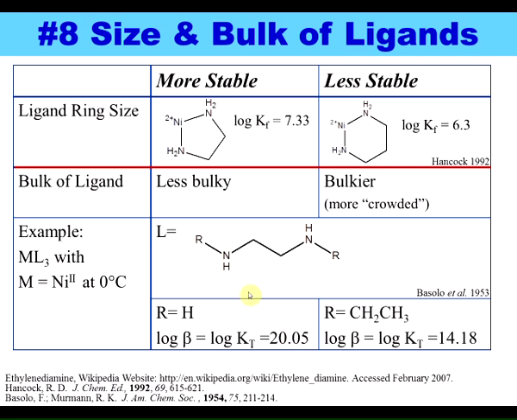Now if that R group is bulky, like if we change that to an ethyl group, CH2CH3, notice how the log value drops from 20 to 14.18 just by changing this R group from a hydrogen to an ethyl group. So you've got more bulk around here. It'll interfere when the lone pairs on the nitrogen try to bind to the metal. So the less bulky, the more stable the complex.